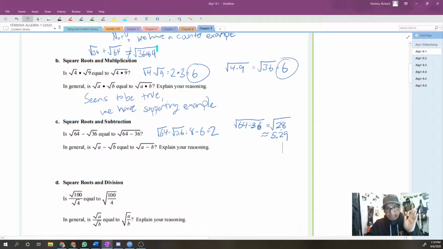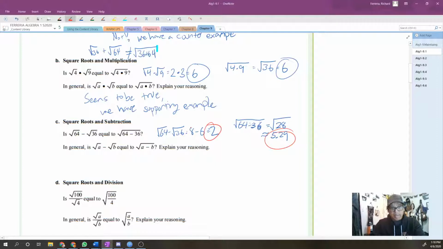Square root of 64 minus 36 is equivalent to the square root of 28, which I just looked up is 5.29. Notice that in this case, let's circle that in red just to show that they're different, we've got different numbers. So this is an example where the hypothesis was not proven correct. So this is a counterexample.